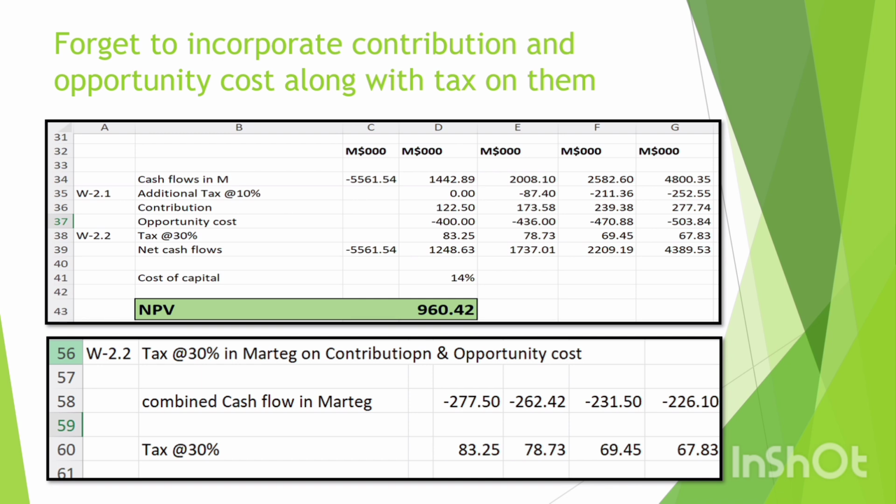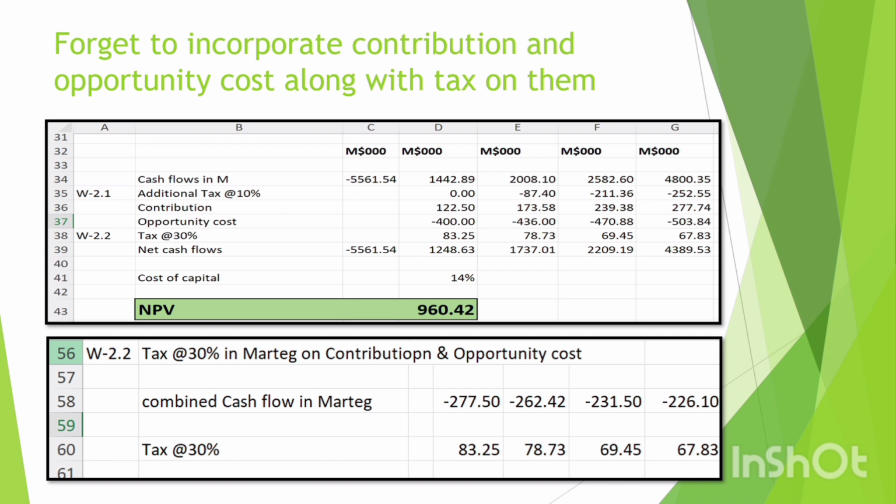So the next one is, we also forget to incorporate contributions, opportunity cost, and also tax on them. In the same question, we also receive questions related to transfer pricing, wherein there are two things. One is company A, which is investing in company B. Company B is in the foreign country. So in this case, what is transfer pricing? Company A is transferring the goods to company B instead of selling them outside.